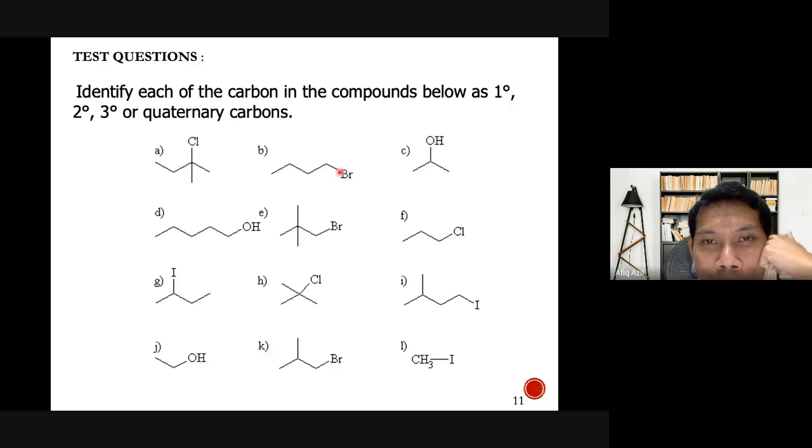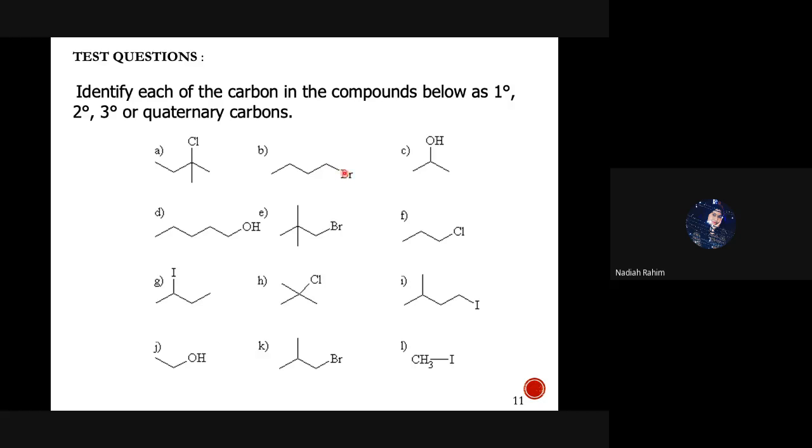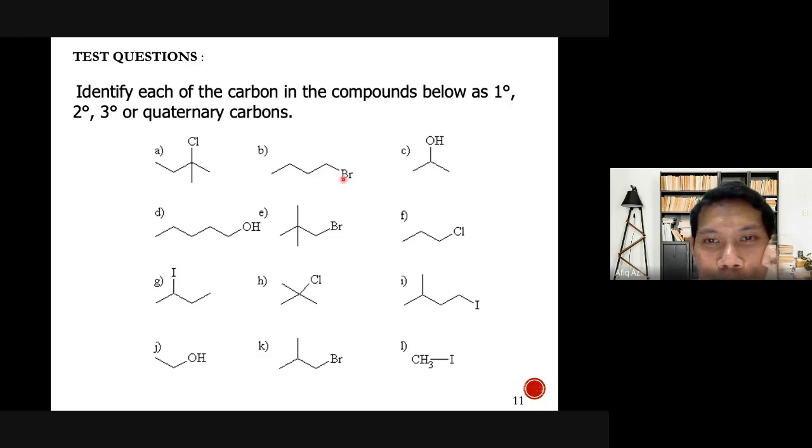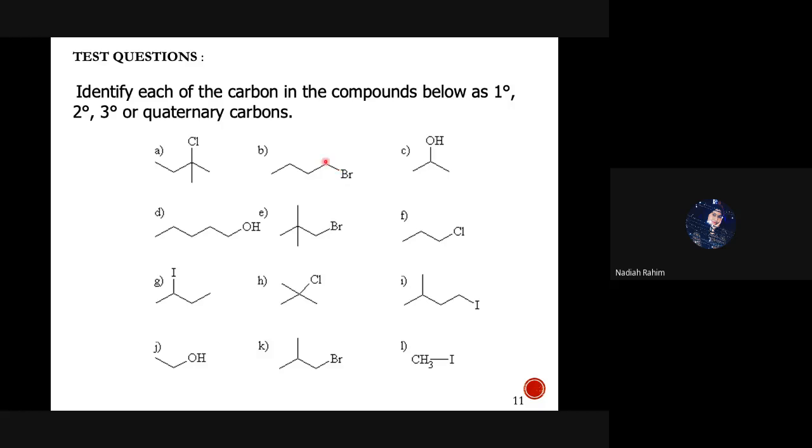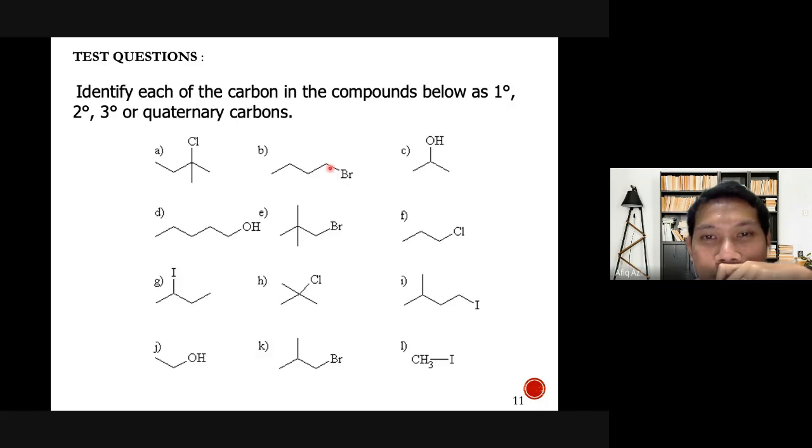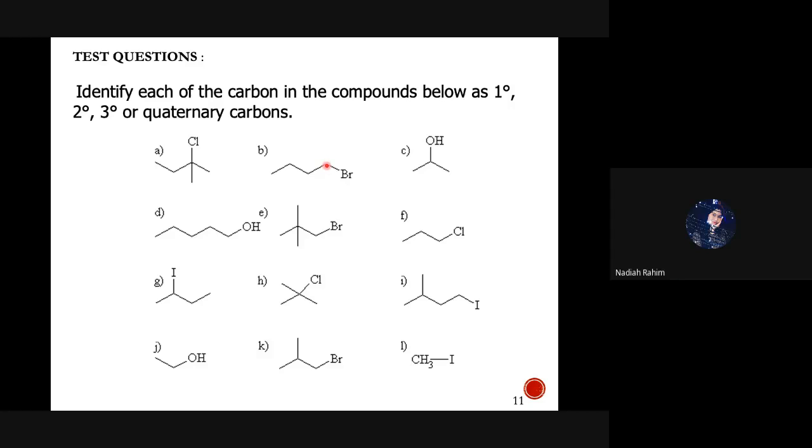This one? There is a carbon here. That one is primary. No, this is bromine. This is bromine. So this would be primary.